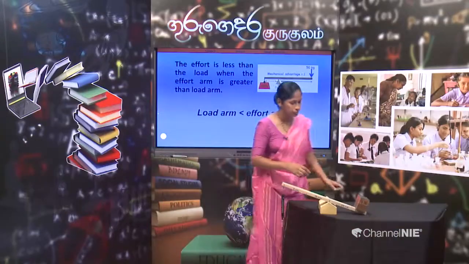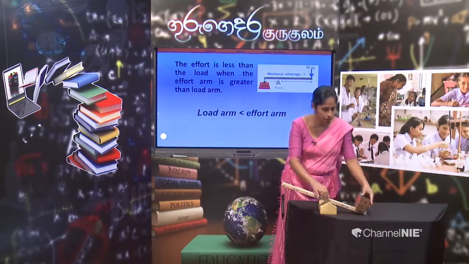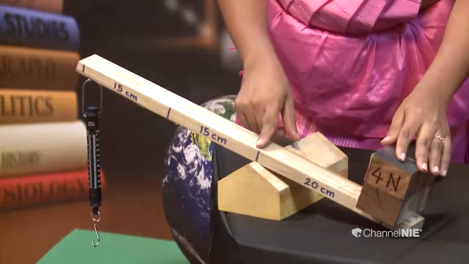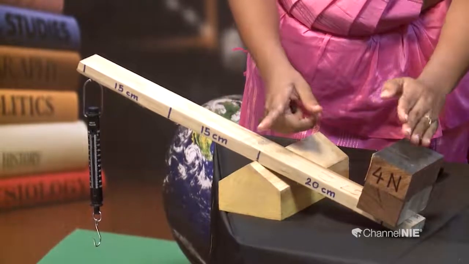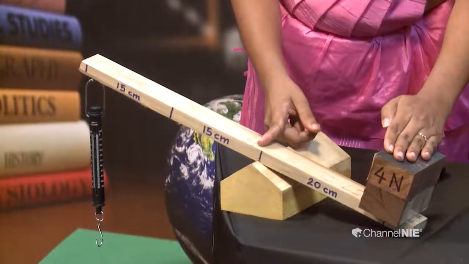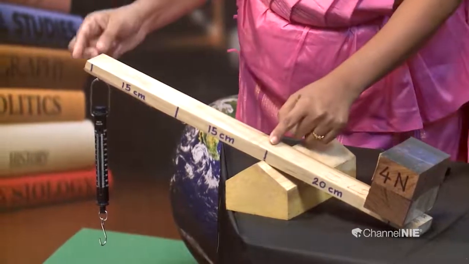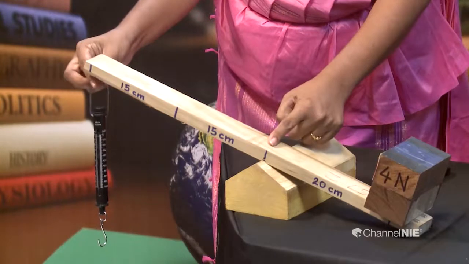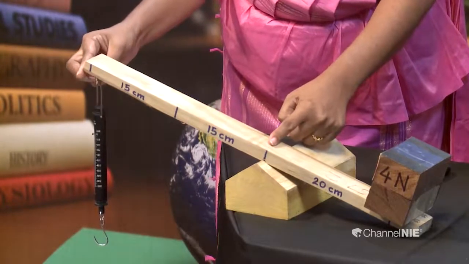Now, we did the activity, and let us summarize it. This point acts as the fulcrum. The distance between load and fulcrum is the load arm, and the distance between fulcrum and effort is the effort arm.